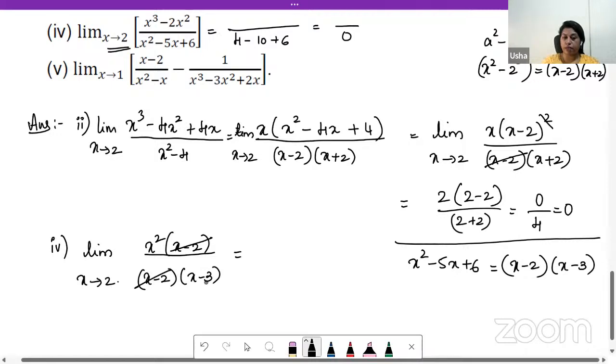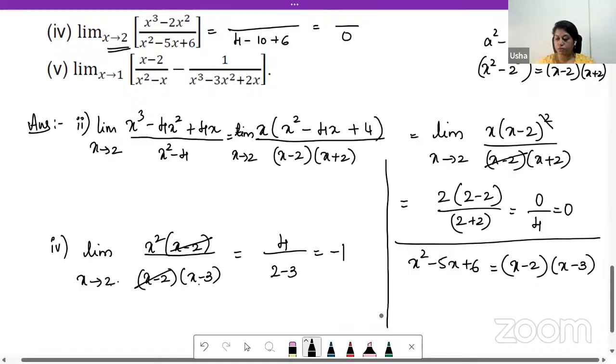Now substitute x value here in the numerator and denominator. 2 square becomes 4. Here it is 2 minus 3, which is minus 1. 4 by minus 1 gives you minus 1.